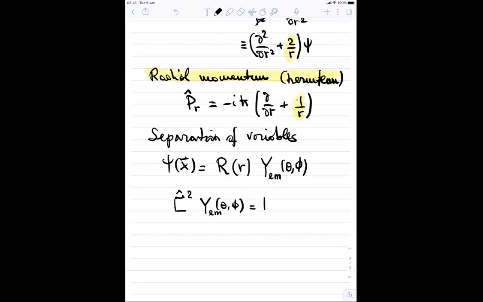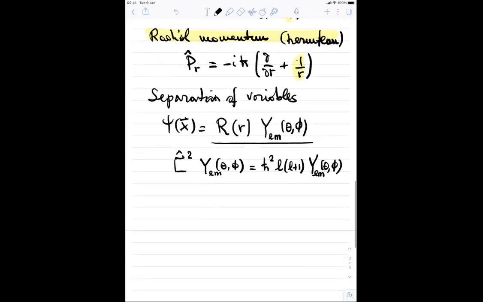I'll tell you, it's h bar square L times L plus 1, times the spherical harmonic itself. In other words, the spherical harmonics are eigenfunctions of the angular momentum square, right? Because of that, a miracle happens if you substitute psi being a product of this kind.